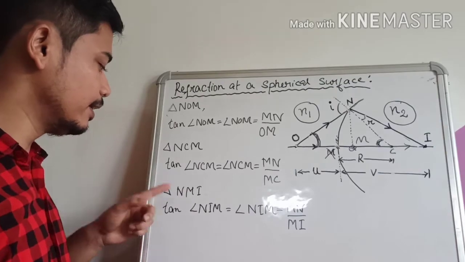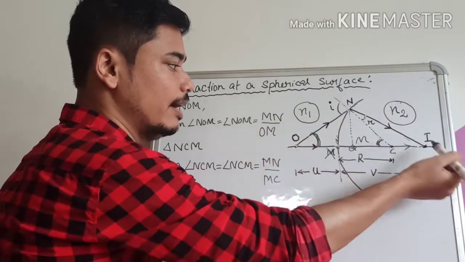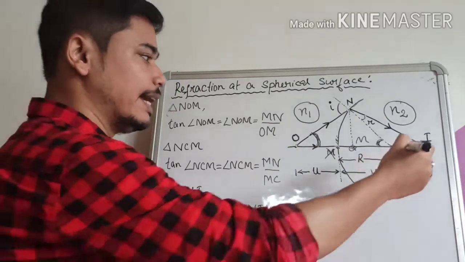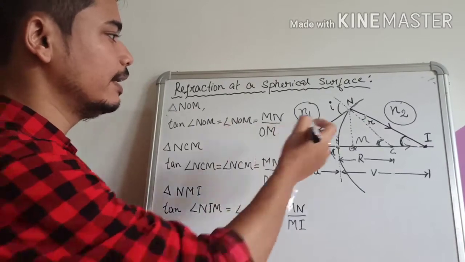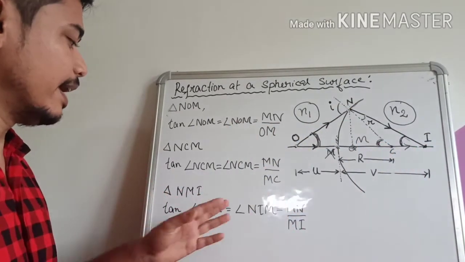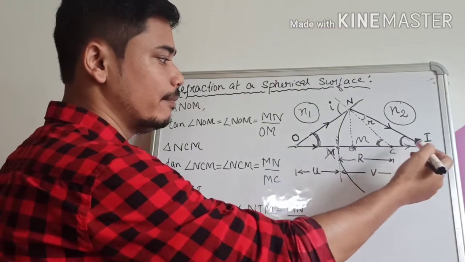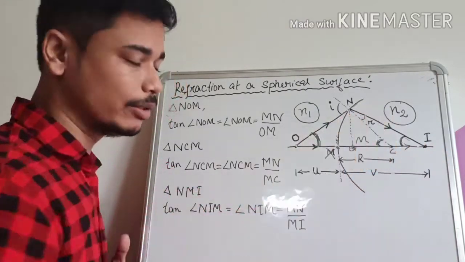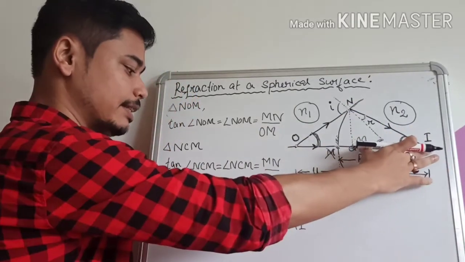Similarly, for the third triangle NMI, what will be the tan of the angle NIM? That will be equal to MN, which is the perpendicular, divided by the base, MI.